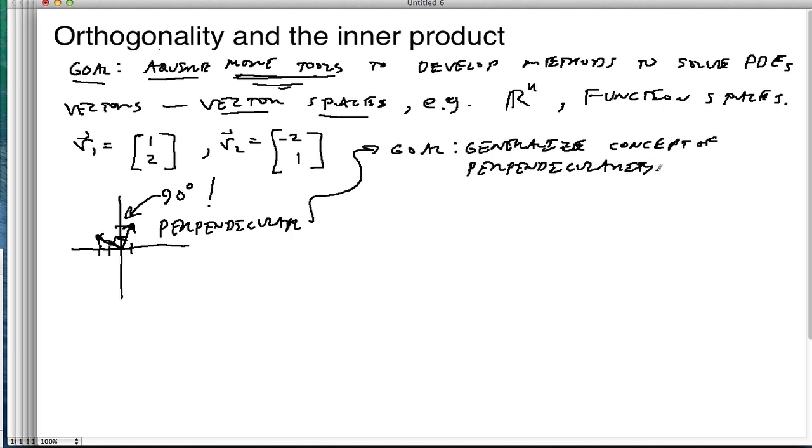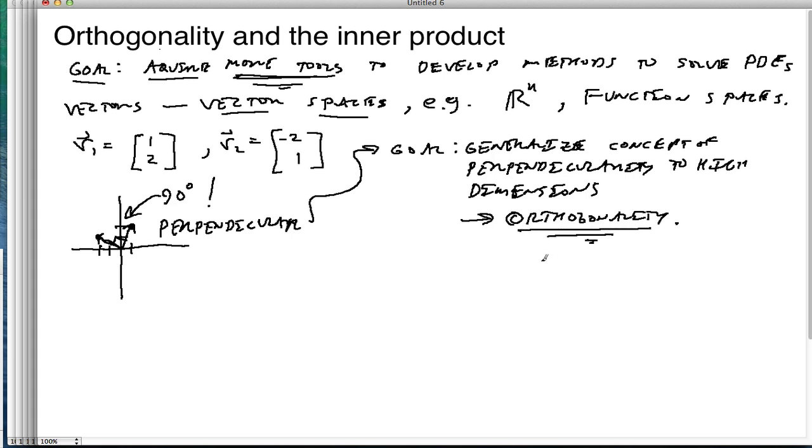We're going to generalize it to high dimensions. And when we go to high dimensions, we don't call it perpendicular anymore. We call it orthogonality. So that's the word of the day.